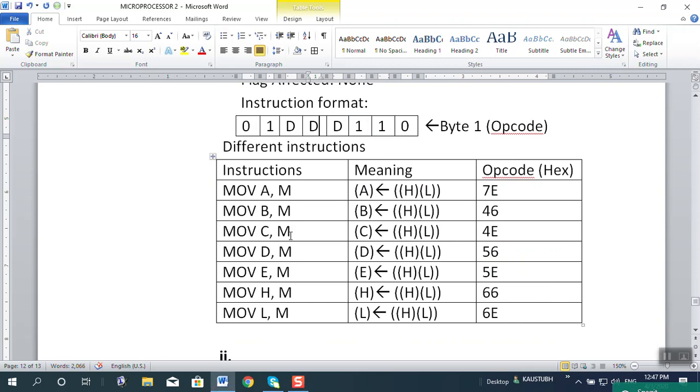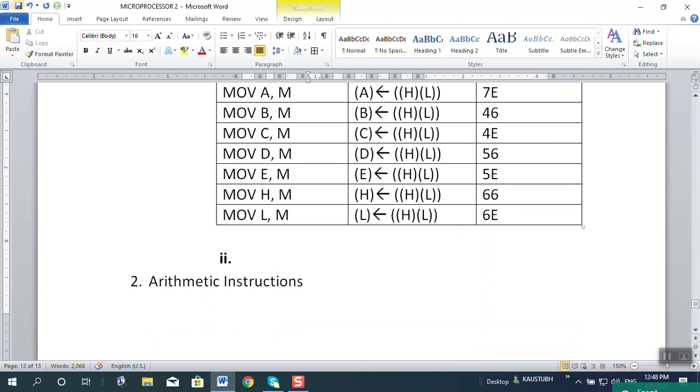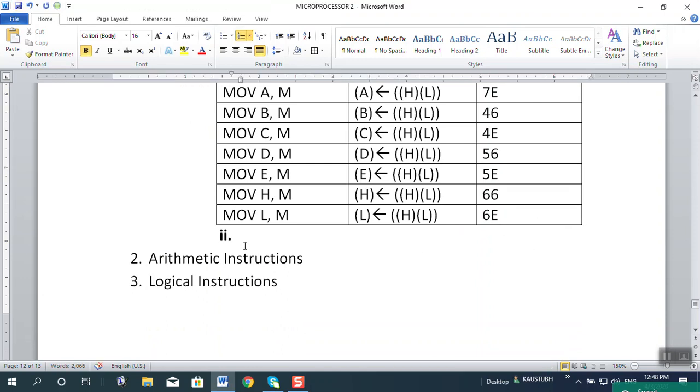So that is 4. Sorry, 1 0 0. So 6. So it's okay. So these are the different instructions for the move B comma M, C comma M, and so on.